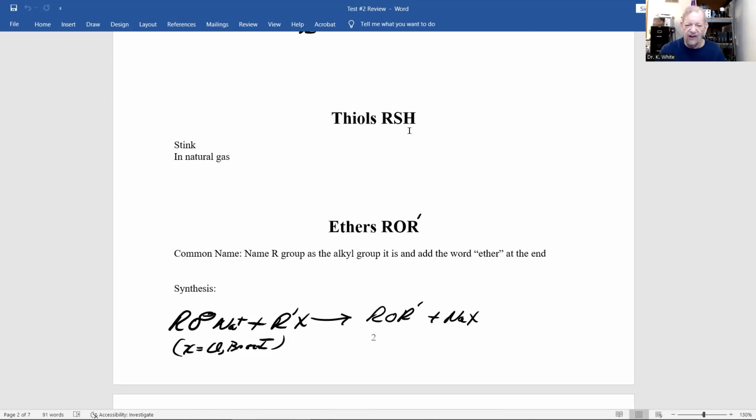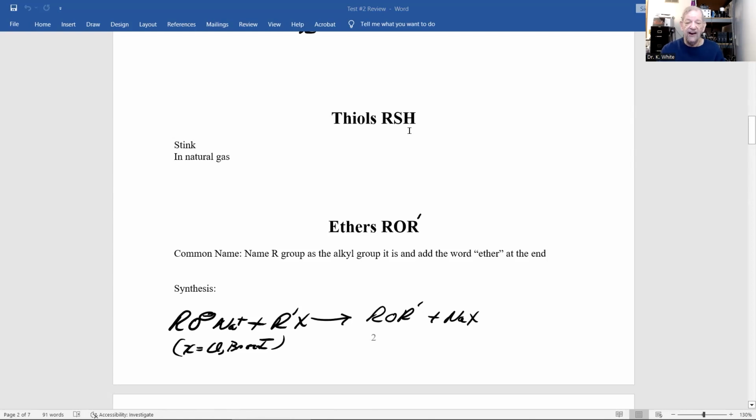That was because back then, methane, natural gas, was odorless. Nothing was added to it. Because of that tragedy, t-butylthiol is added to natural gas so you can smell it.